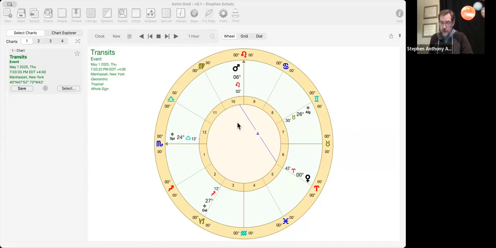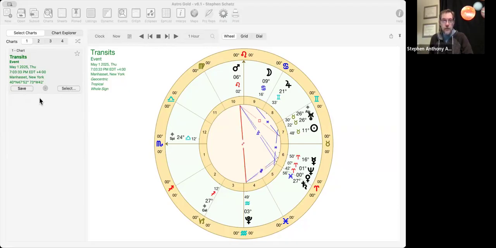The second harmonic is the opposition, where planets oppose each other. And actually, I think we have some oppositions here. Yes, we do. Mars opposing Pluto.